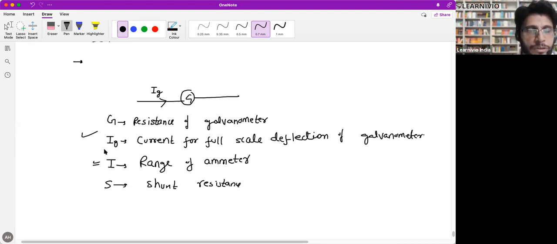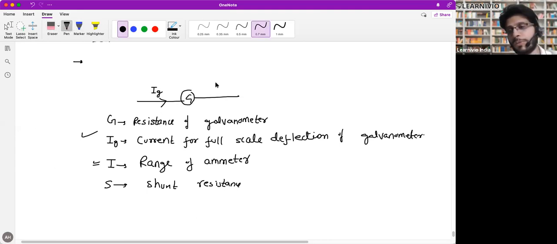You want to convert this galvanometer, which can measure maximum Ig, to an ammeter which can measure up to I. I can be very, very large compared to Ig. Let's say Ig is 10 milliampere, your I can be 10 ampere. It's more than 1000 times greater than Ig. So usually I is greater than Ig.